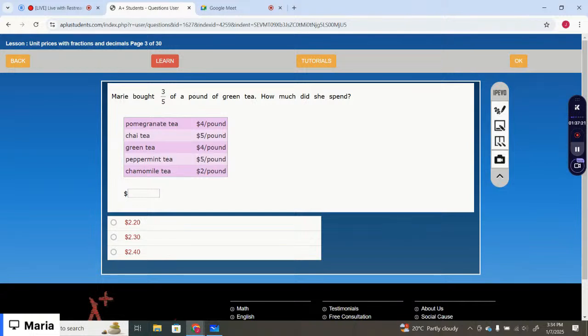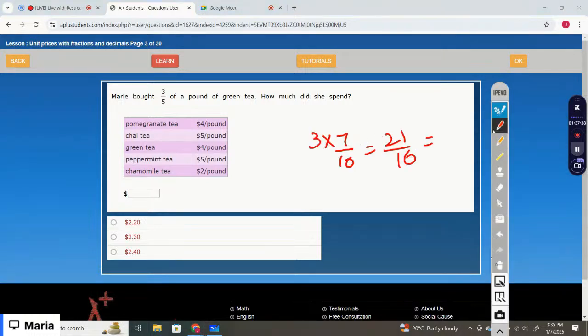Okay, the next one is Mary bought 3/5 of a pound of green tea. How much did she spend? The green tea is $4 per pound.